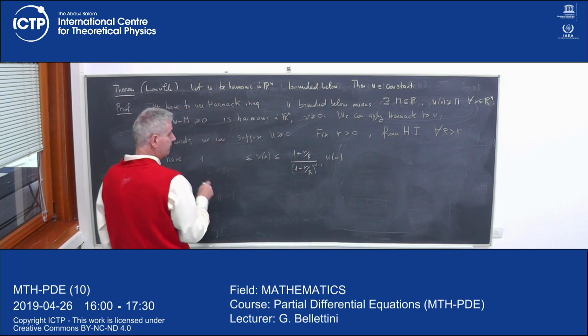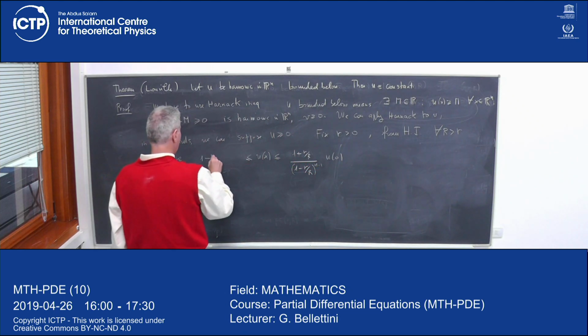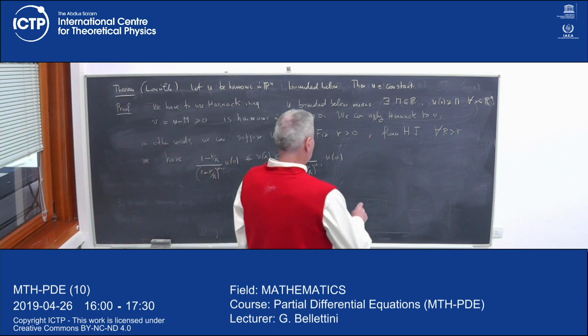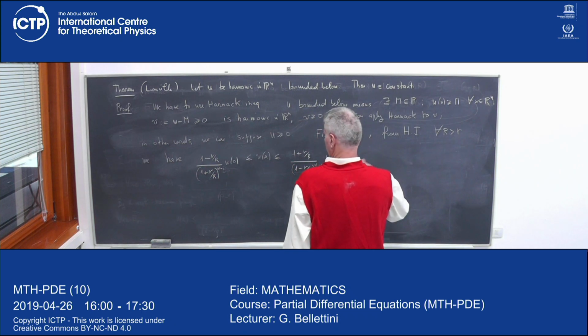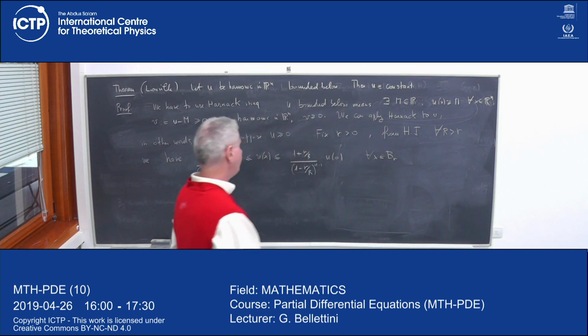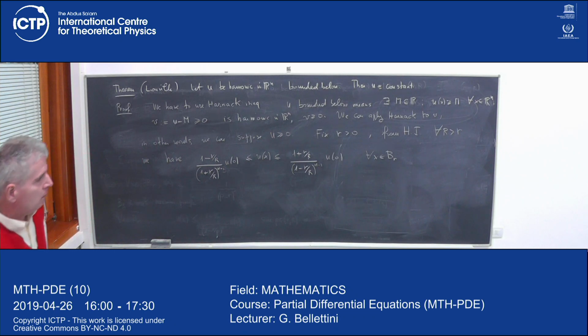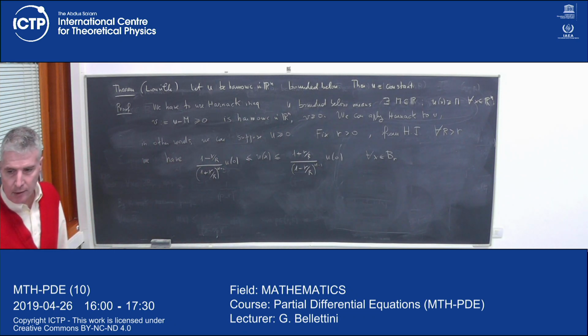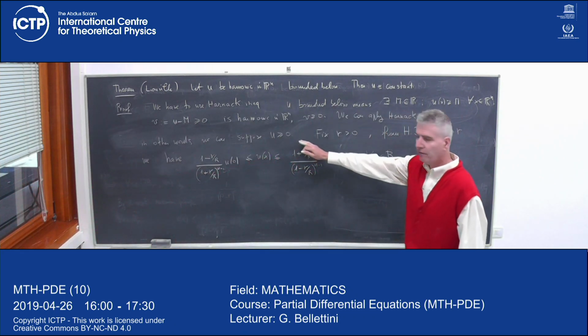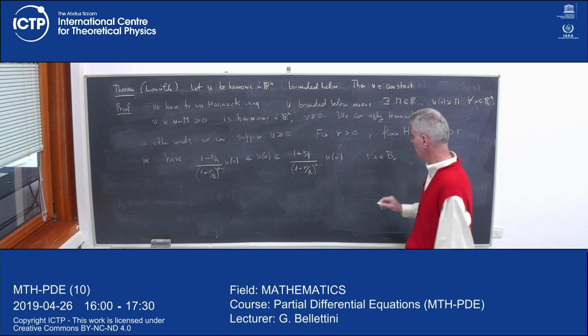You take the limit of operators. This is true for any capital R and for any x in the ball of radius R. So now what is natural to do is to let capital R go to plus infinity, because the domain of our function is the whole space, so we can do this.